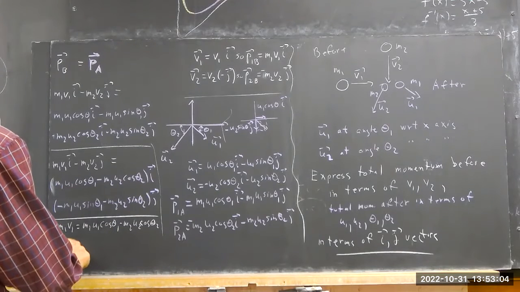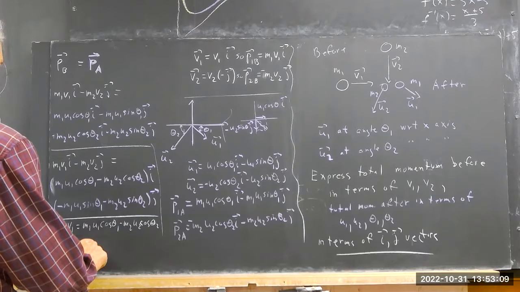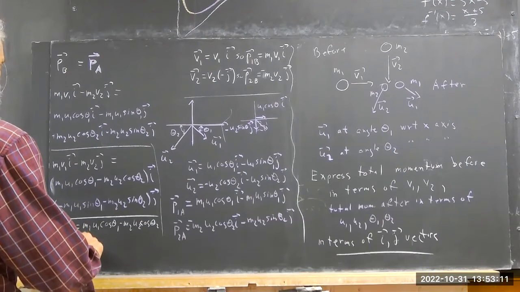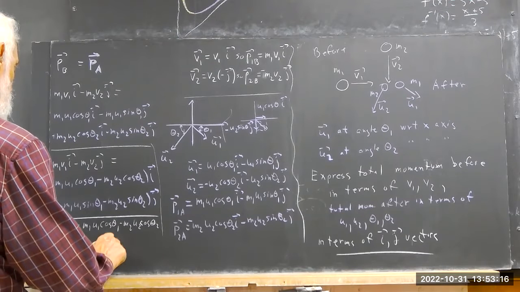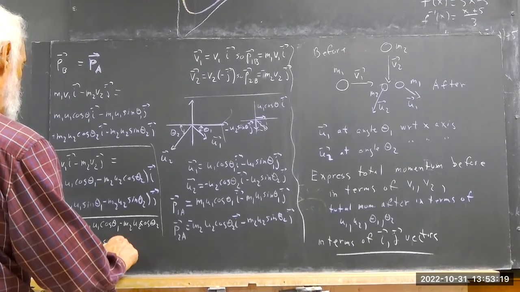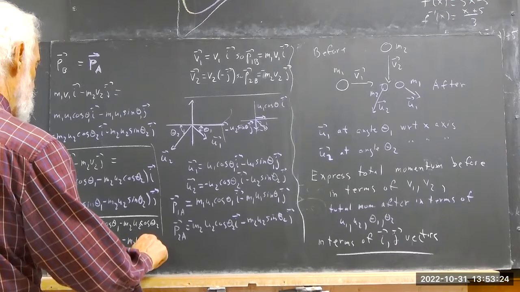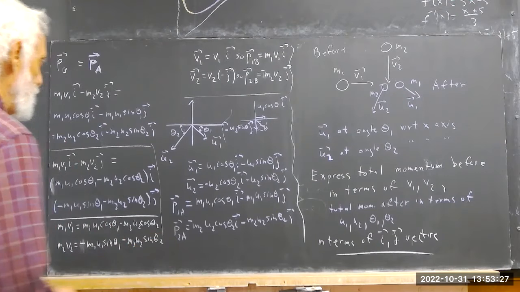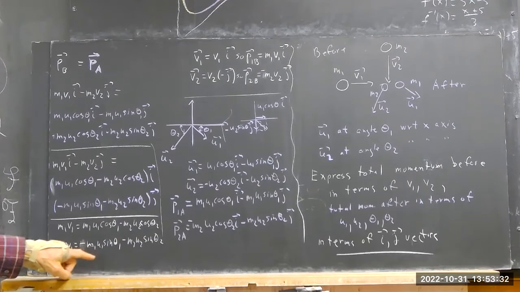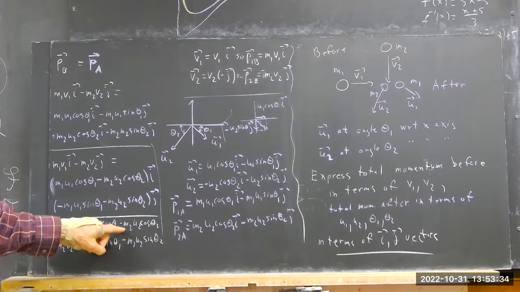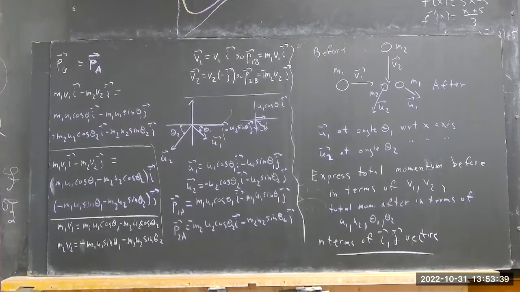And M2V2 has to equal negative M1 U1 sine theta 1 minus M2 U2 sine theta 2. Let's make sure all our M1s are with theta 1 here and here. All our M2s are with theta 2 because theta 2 has only to do with the second mass, right?